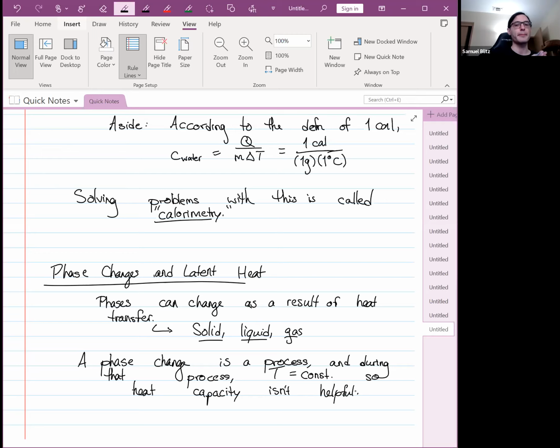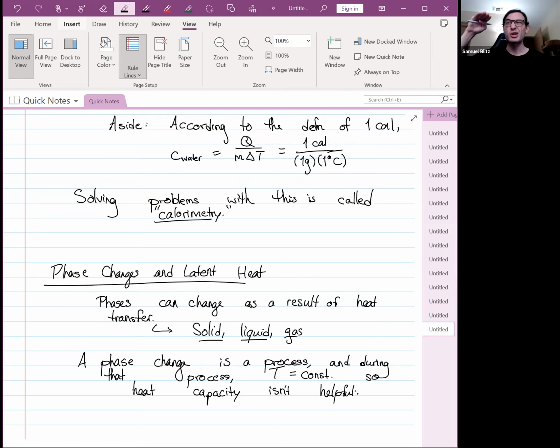The point is that adding energy can do two things. It can either increase the temperature of a system or change the phase of a system. Can't do both at the same time, for a given material. So if you start off with a solid, as you add energy to the system, its temperature will increase until you get to a certain temperature.